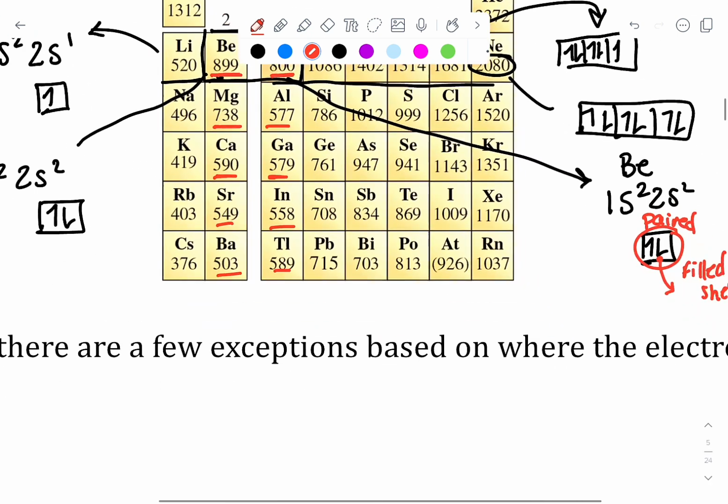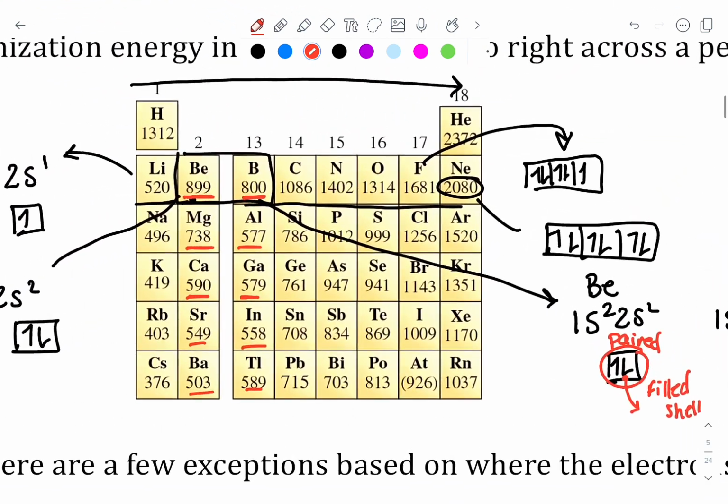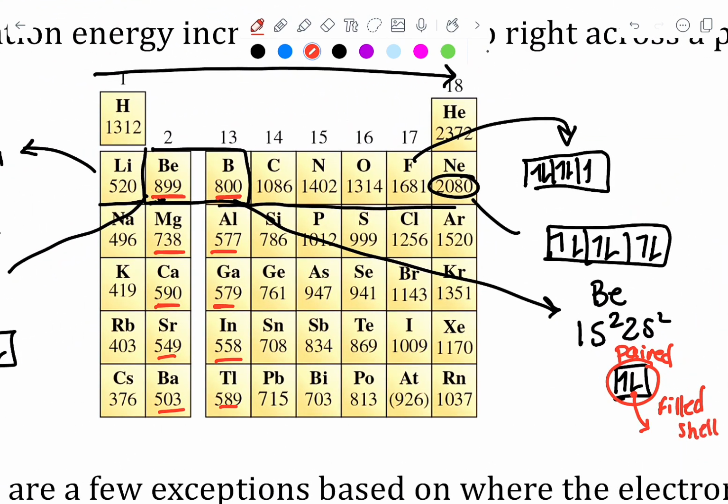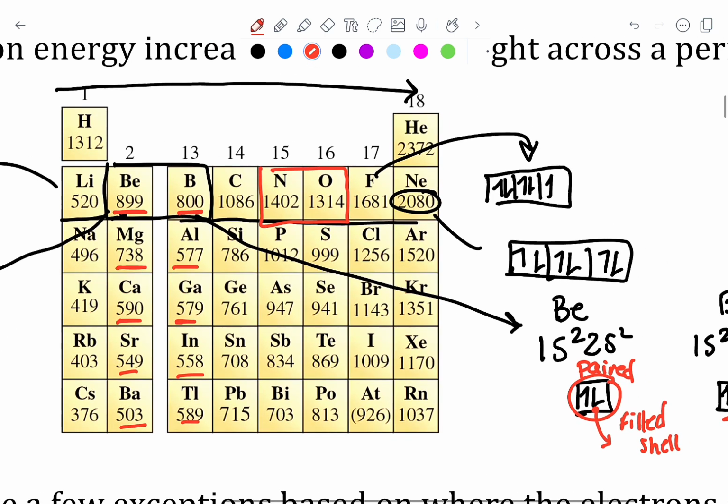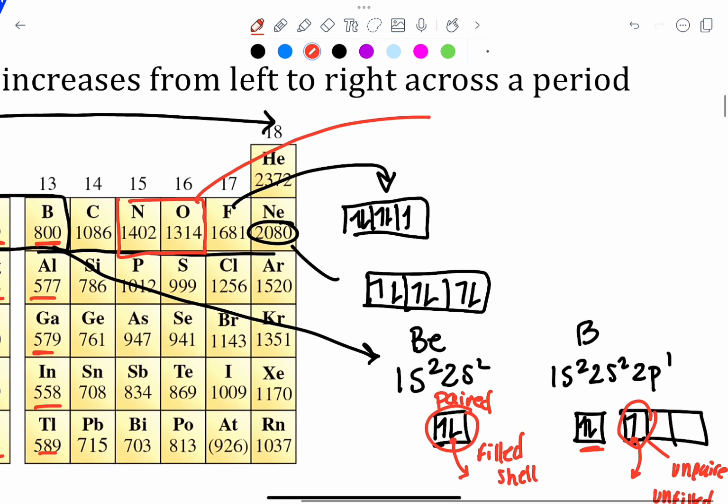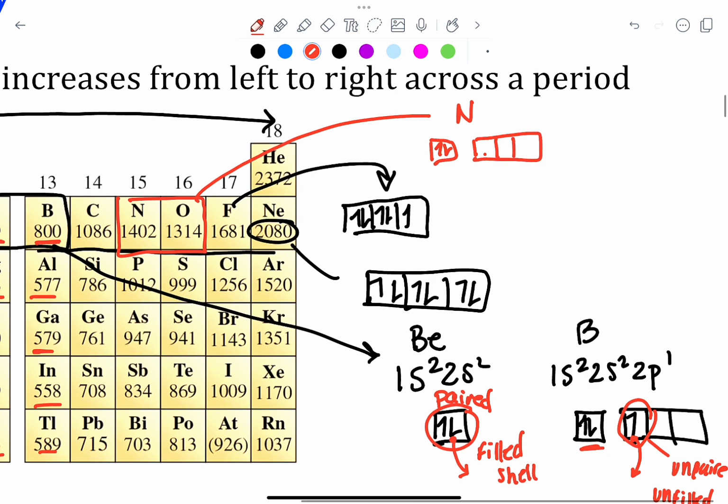Okay, now a similar thing happens in nitrogen and oxygen for the same purpose, except now we have nitrogen, which has 2s2, 2p3, whereas oxygen has 2s2, 2p4.